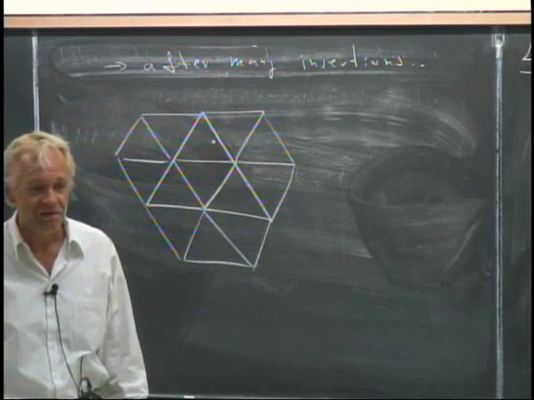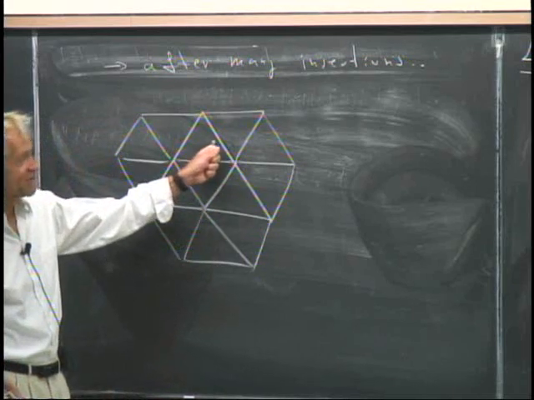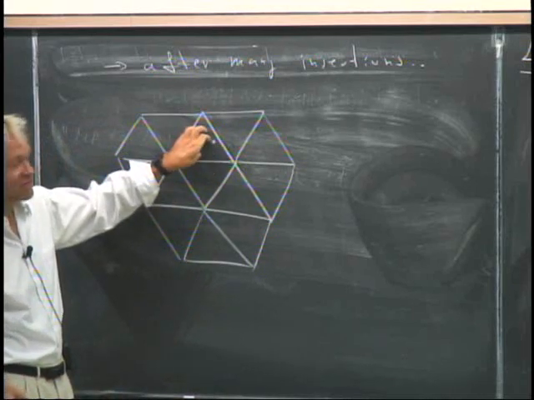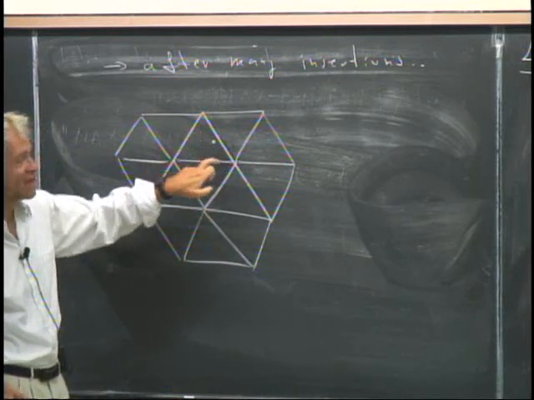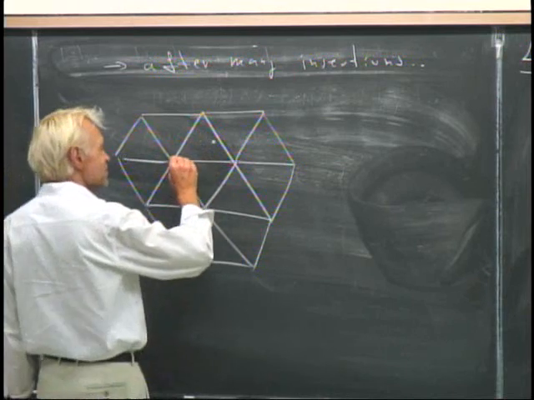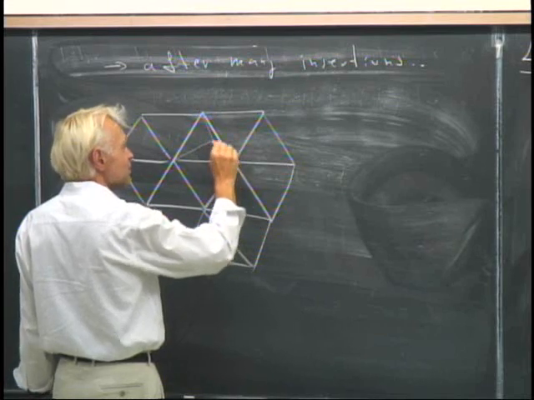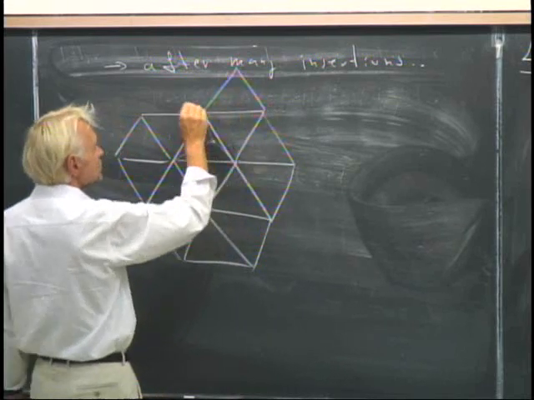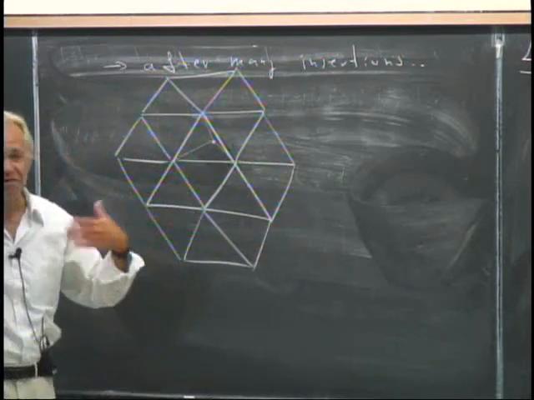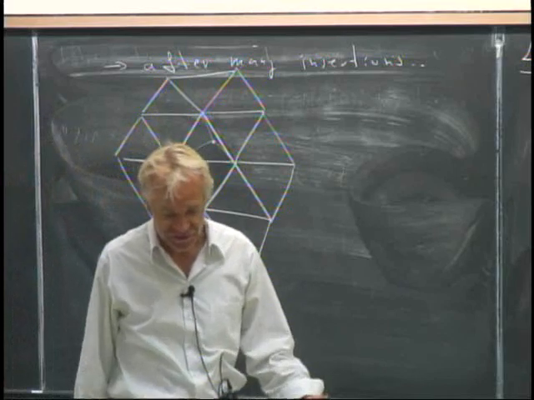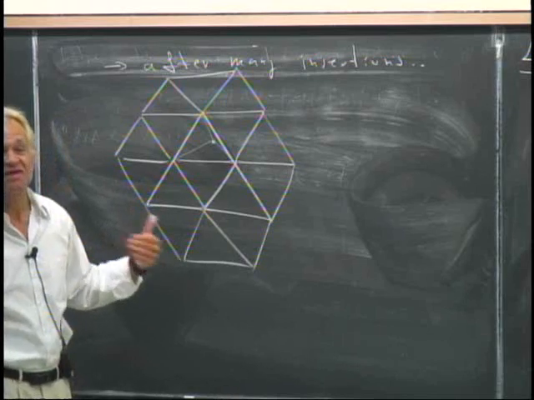Okay, what do I do initially? This is the way the algorithm works. I just tell you. I find out that the next site to be inserted lies in this triangle. Therefore, the way I retriangulate is connecting this newly inserted point to the vertices of the triangle that it resides in. So the first step is doing this. And now I have to go back to the definition of max-min angle, and I have to analyze what I just did.